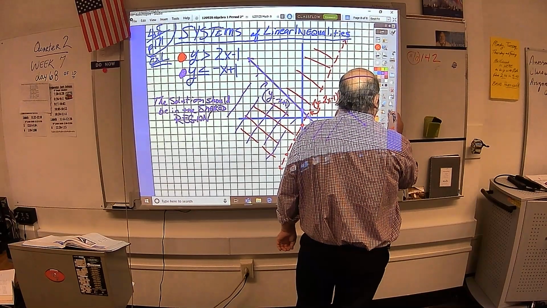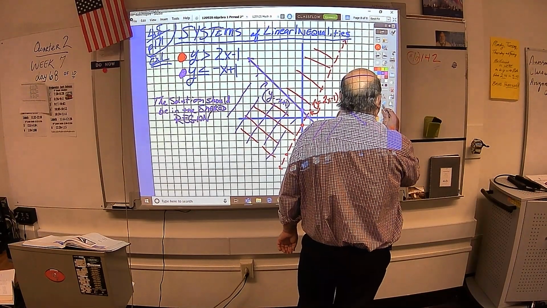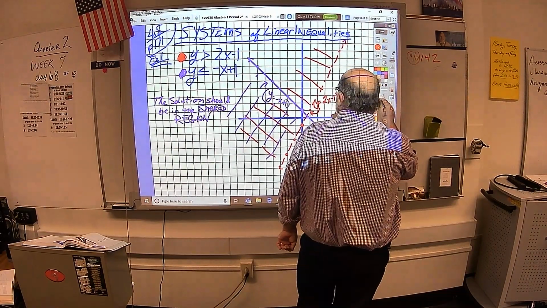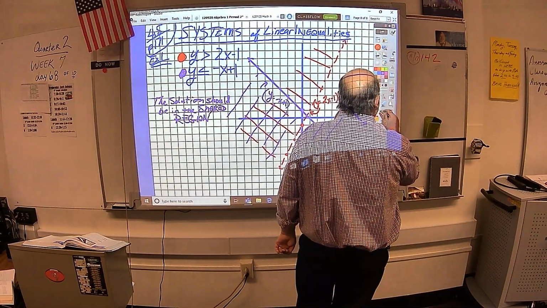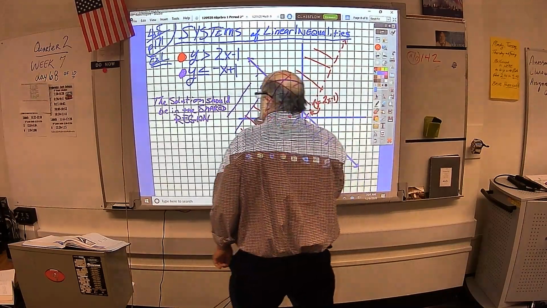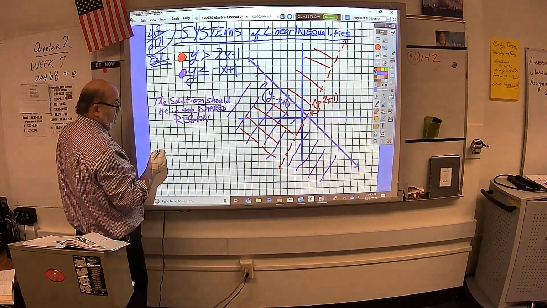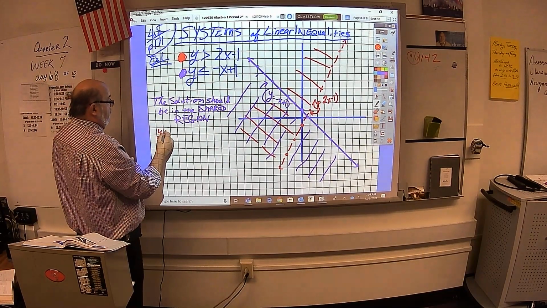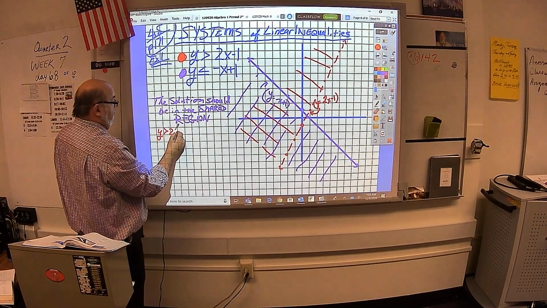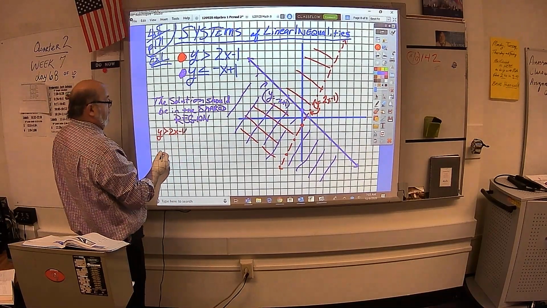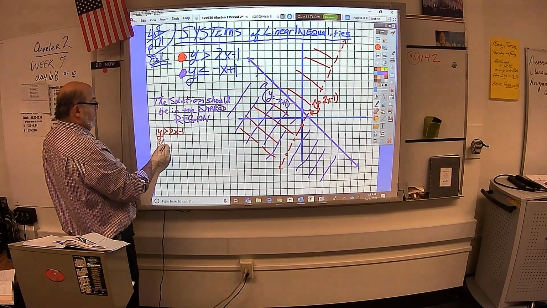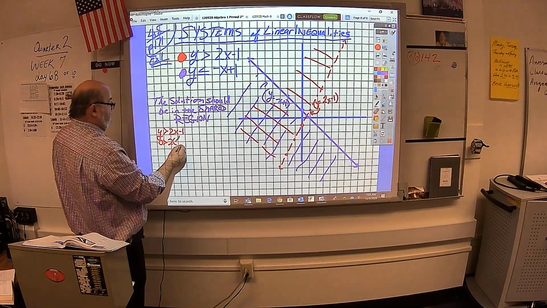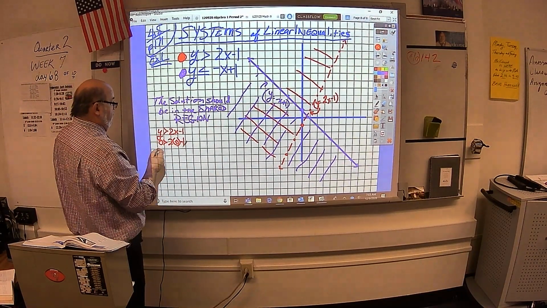So, let's do the 1. I'm not going to move on to the 2. I think you can get that after this lesson. 1 is red. Let's use red. And my writing might get small here. So I'm saying y is greater than 2x minus 1. 0 is greater than 2 times 0 minus 1.